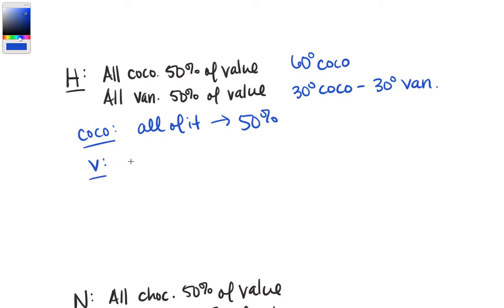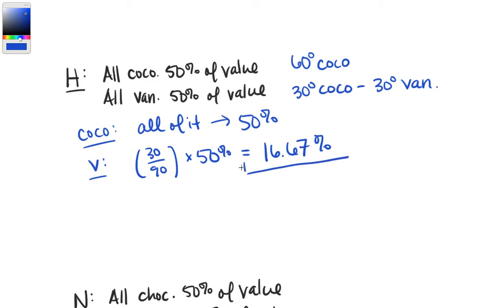And the vanilla, she had 30 out of the total 90 degrees of vanilla available in the cake. And we're going to multiply that by the 50%. So 30 over 90 is 1/3. 1/3 of that 50% is 16.67%. And we're going to add these together.